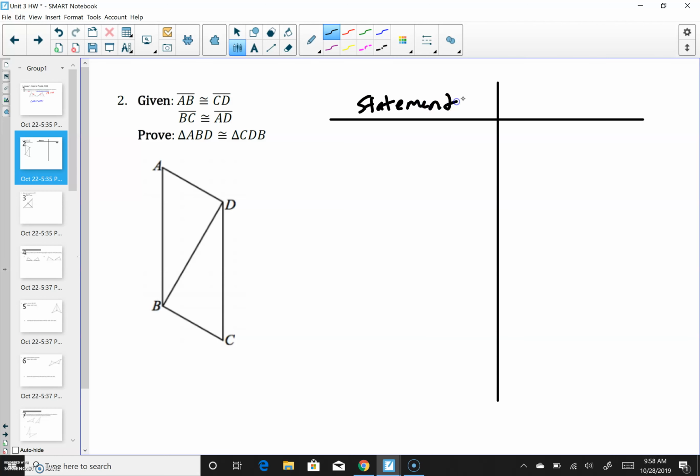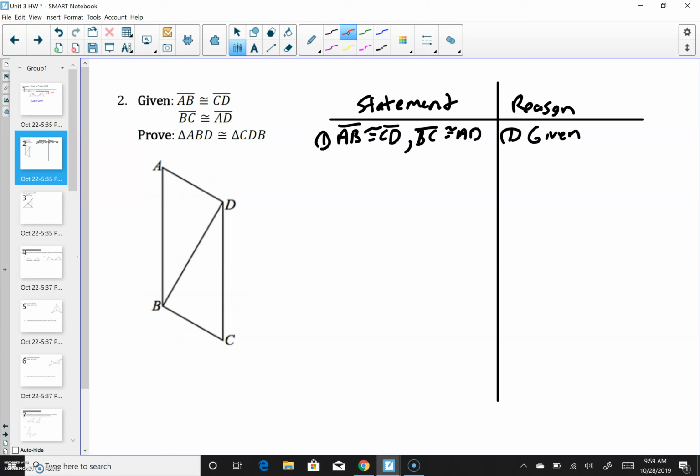It's really important that we start to get to know the vocabulary that goes with our first couple definitions. The first step is always our givens. AB is congruent to CD, and BC is congruent to AD. Both of those were given to us, so that's going to be our reason.